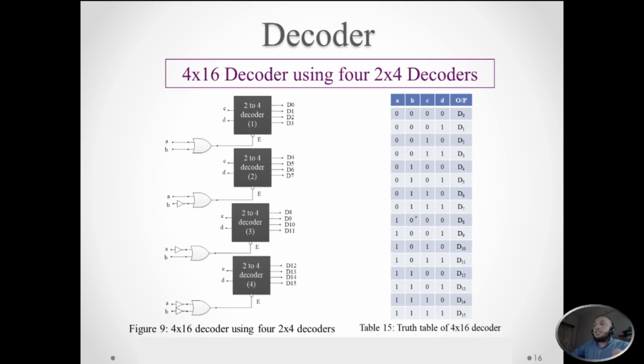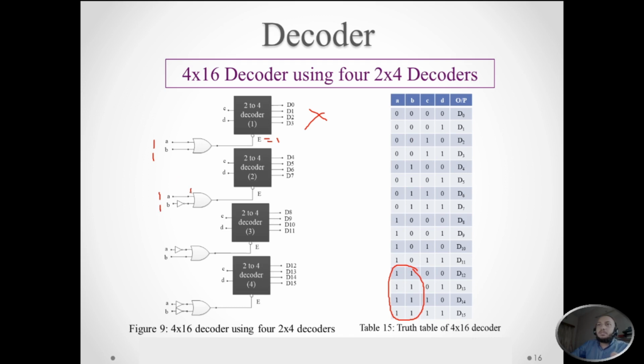Similarly, you can check for other cases like 1 0 or 1 1. Let's see for 1 1. So A and B are 1 1. The output of this OR gate is 1, so E will be 1. This decoder won't operate.